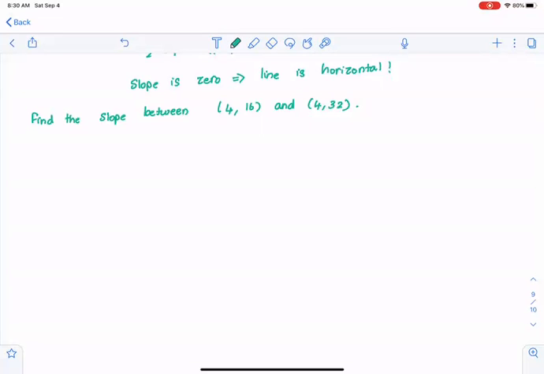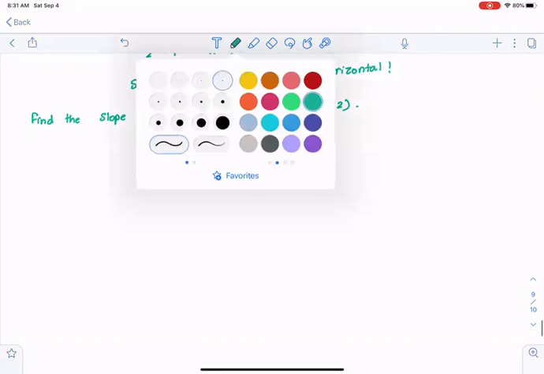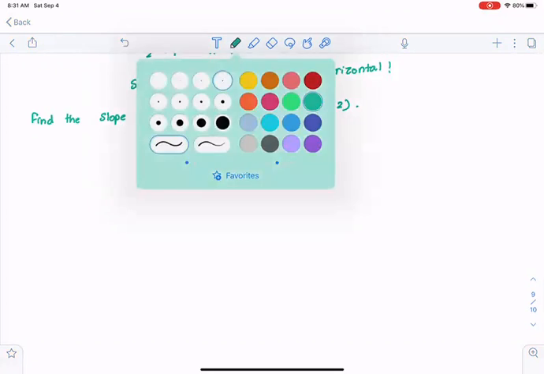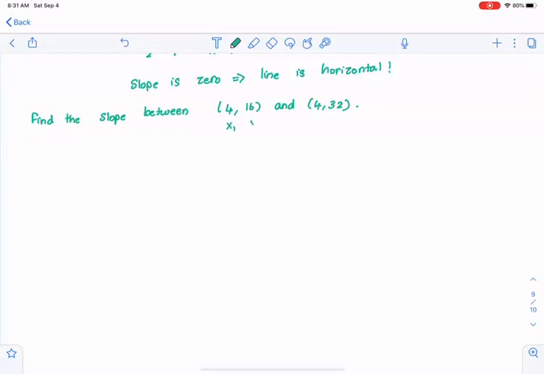So the slope of 16 over 0 is in fact correct for this problem. So x1, y1, x2, y2. So the slope m is y2 minus y1 divided by x2 minus x1.